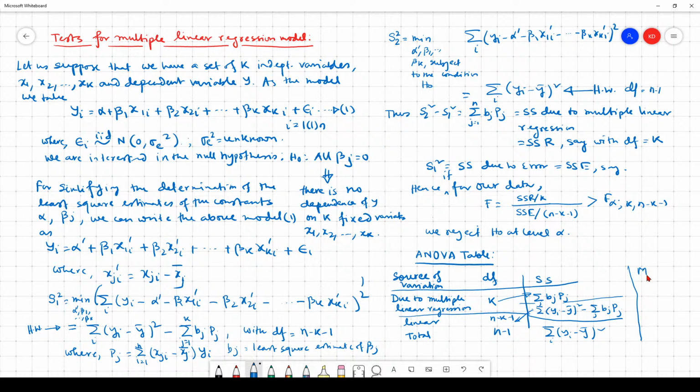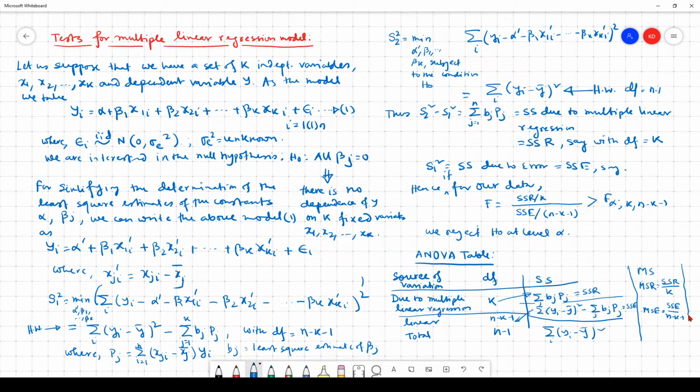So MSR, due to multiple regression, is equal to SSR by K, and SSC, this is due to linear regression, so it should be MSC, which is equal to SSC by n minus K minus 1.